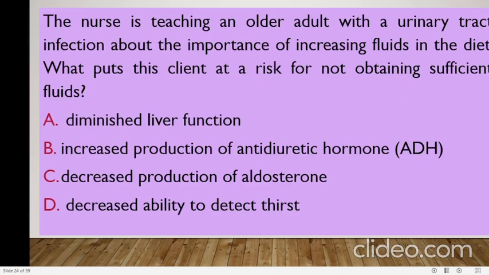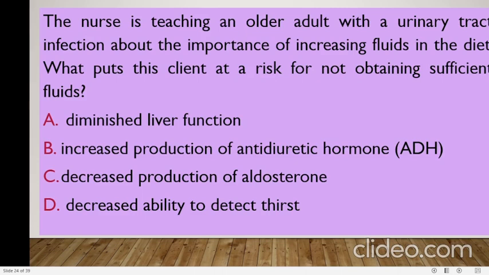The nurse is teaching an older adult with UTI about the importance of increasing fluids in the diet. What puts this client at risk for not obtaining sufficient fluid? A: Diminished liver function? Yeah, they might have it, but does that affect the fluids?